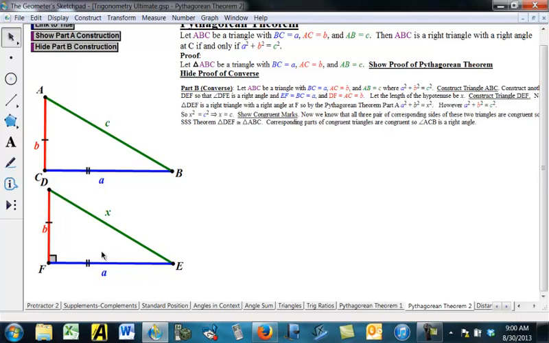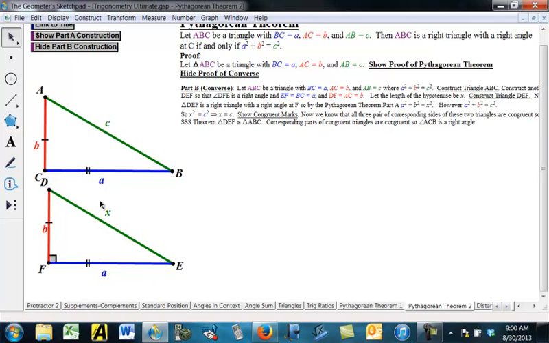By the forward direction of the Pythagorean Theorem, we know that A squared plus B squared equals X squared. But wait a minute, we also know that A squared plus B squared equals C squared from this triangle, and so C squared must equal X squared, which means, since they're both positive values, X and C must be the same thing. So this must be C.